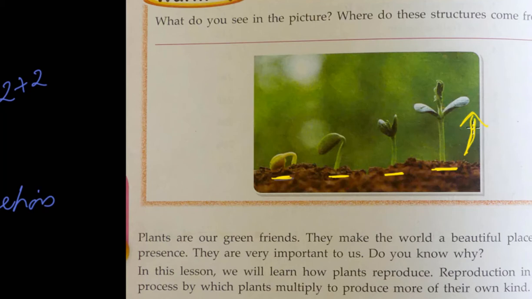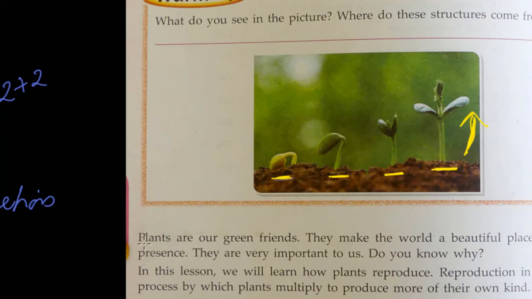What do you see in this picture? It's asked from where we get this structure. We know that from a small seed, the plants come out and become a big plant or a tree. Okay, now I'll read this lesson for you and start explaining.